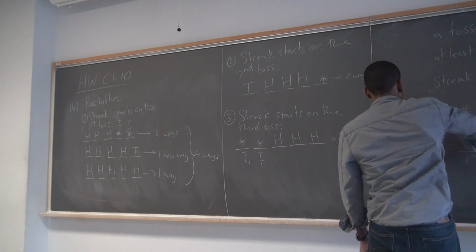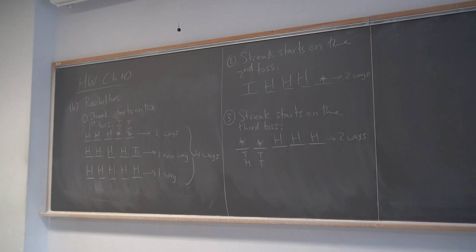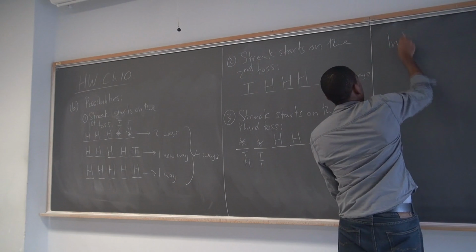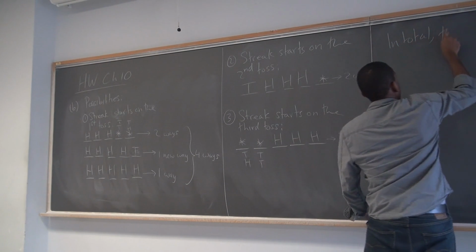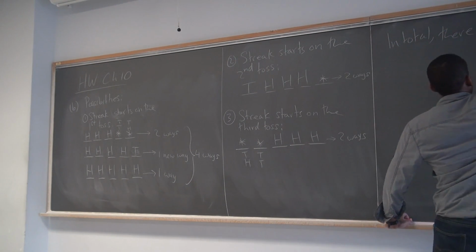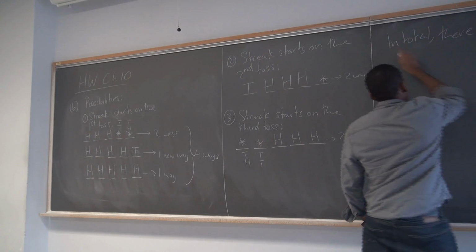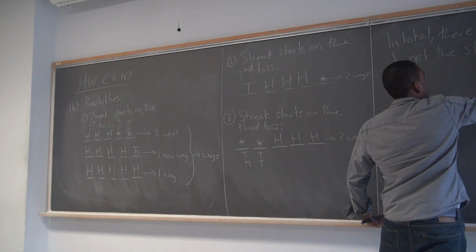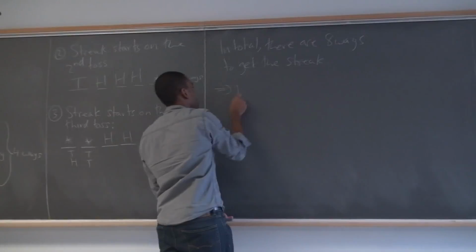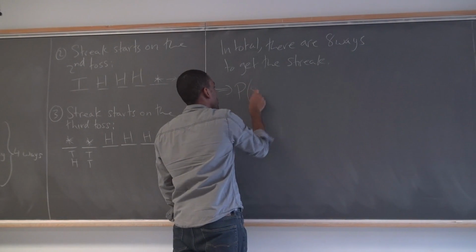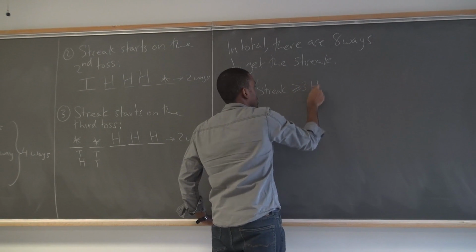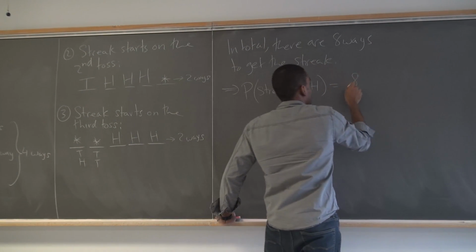So in total, how many do we have? 8 ways. Eight out of 32.